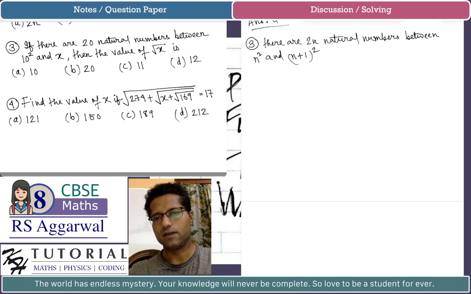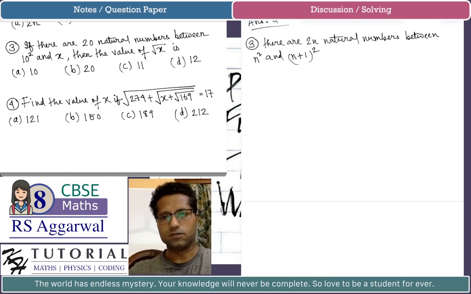Hence n square and n square plus 1 are also consecutive squares. So if you try to map, or if you see the problem, it is given that there are 20 natural numbers between 10 square and x.